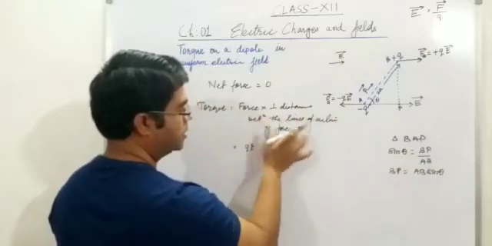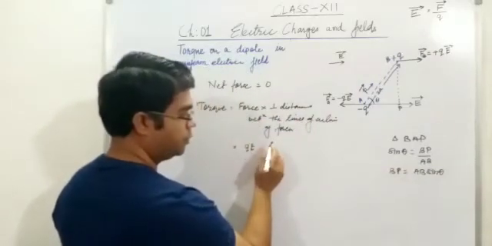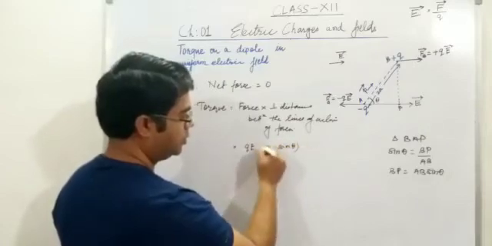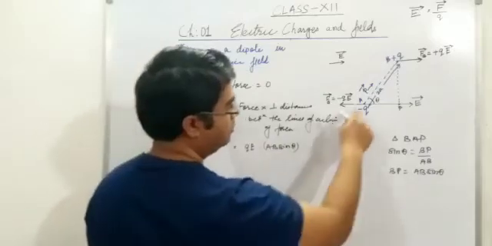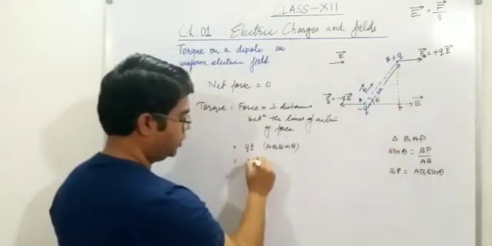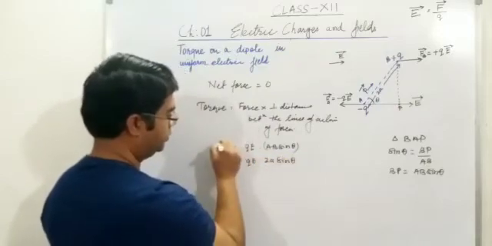So Q into E, into BP, that is AB sin theta. So what is AB? AB is equal to 2A. So QE 2A sin theta.